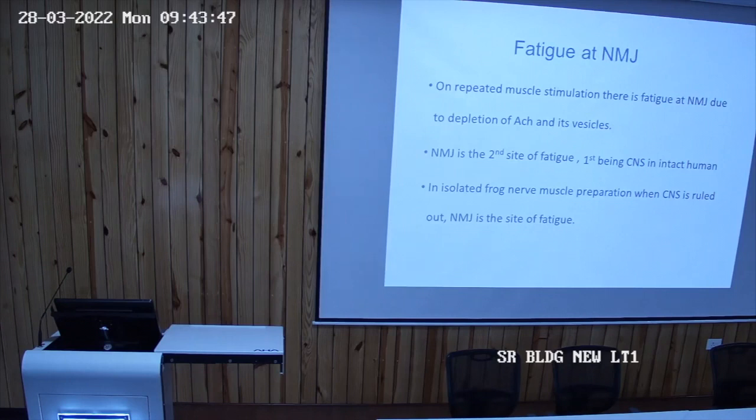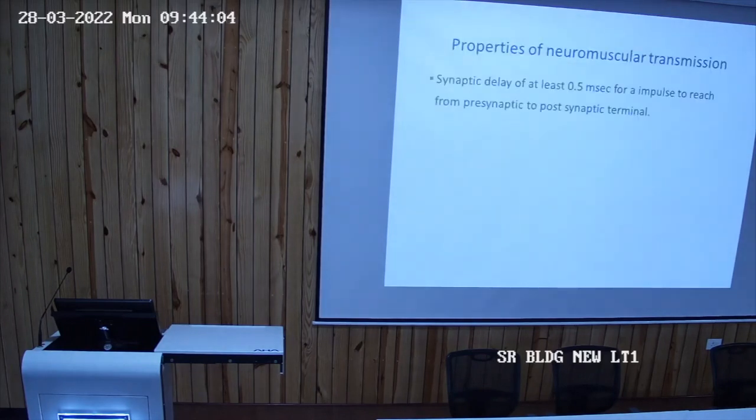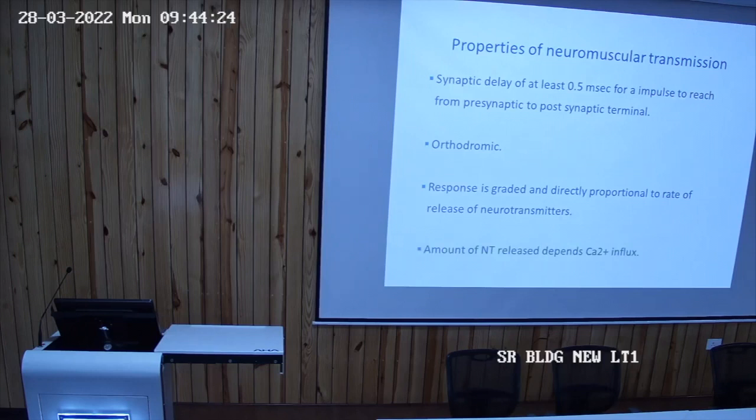Neuromuscular junction, जब हम फ्रॉग का नर्व मसल प्रिपरेशन करते हैं तो हम सेंट्रल नर्वस सिस्टम को हटा देते हैं। उस केस में the NMJ will be the site of fatigue in the neuromuscular preparation. प्रॉपर्टीज, obviously synaptic delay is of 0.5 millisecond only, okay, and it is orthodromic, वन वे कंडक्शन होता है, आगे की तरफ जाएगा, and response is graded, okay, and it is directly proportional to the release of neurotransmitters, and it depends upon the calcium influx. So these are the properties.